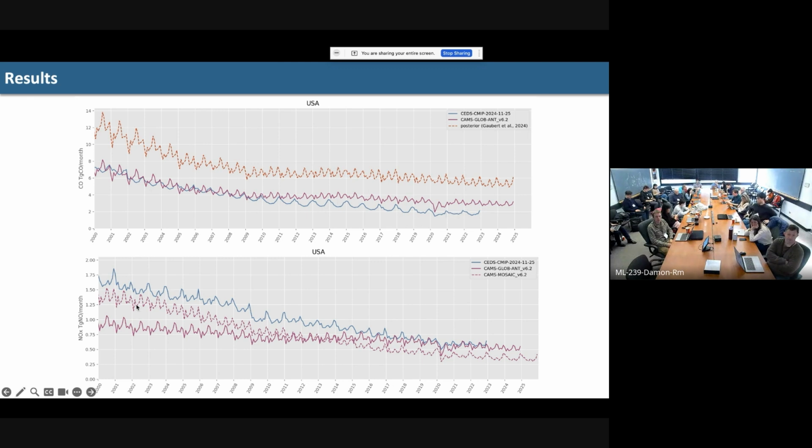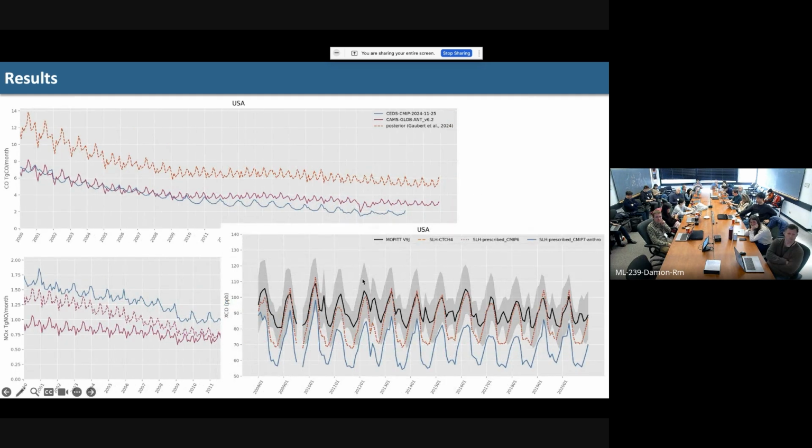That's for CO, and for NOx, the CAMS emissions have a much stronger trend that is based on NEI. And so the MOSAIC emission inventory that is using the NEI, but by state rather than emission totals, is also better reproducing that decreasing trend in NOx over the US. Well, the CAMS emissions are quite flat for NOx.